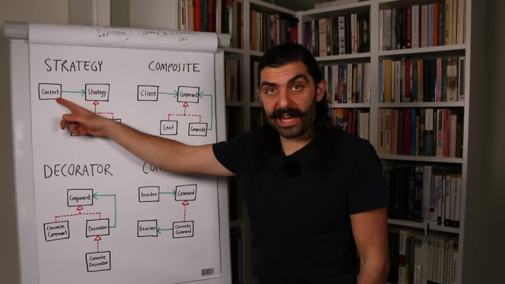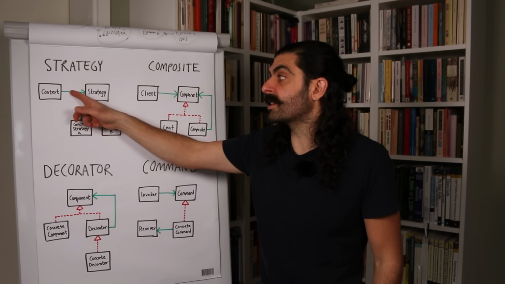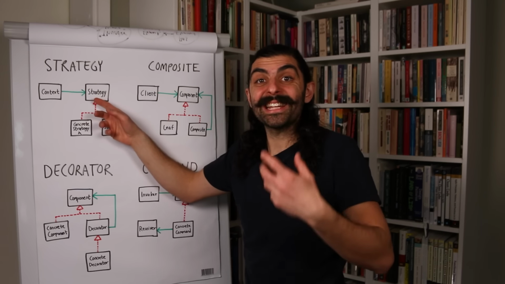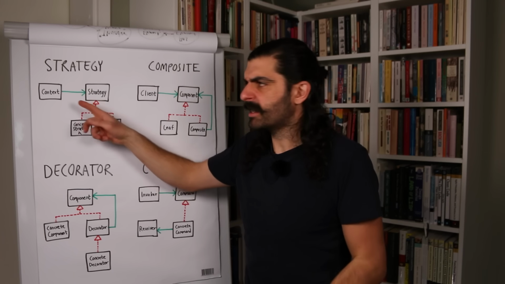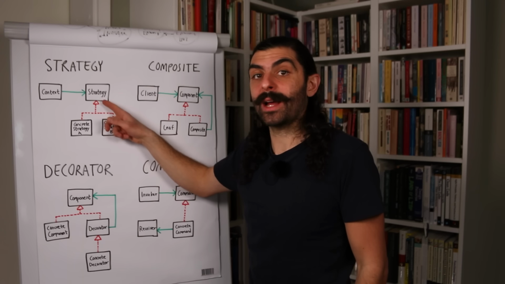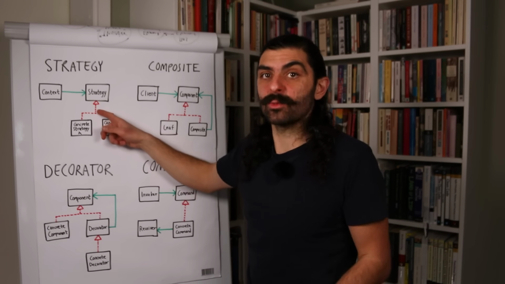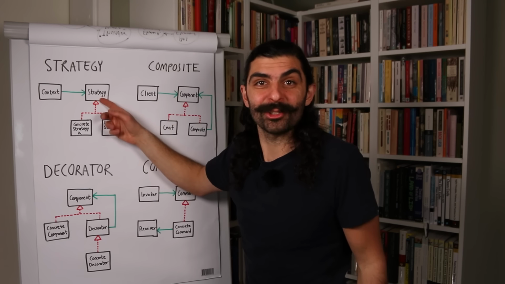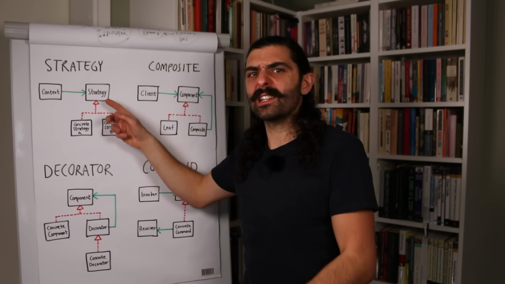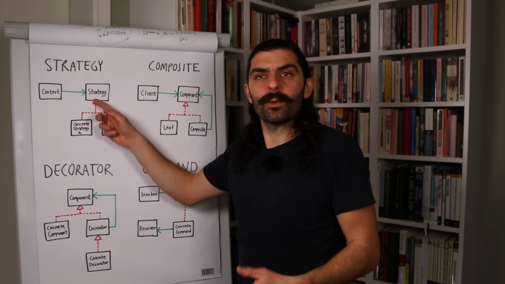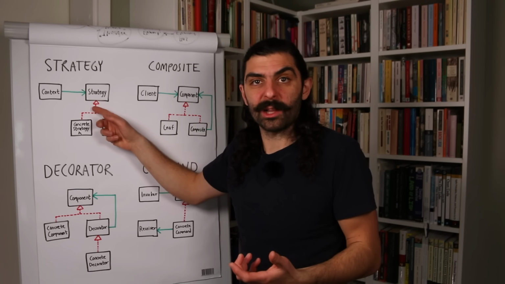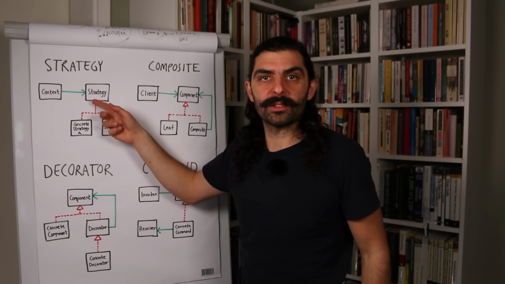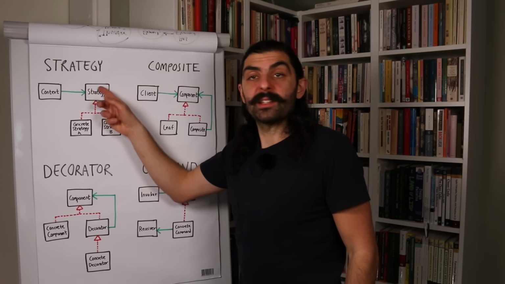First, there's the context. This is the class that uses a strategy, the one that needs to run the algorithm. It keeps a reference to a strategy object, and then it delegates work to that strategy object. Second, there's the strategy, and this is the common interface that defines the signature of the algorithm. In other words, it defines how we can call the algorithm, of which there are many variations. All the concrete strategies implement this interface.